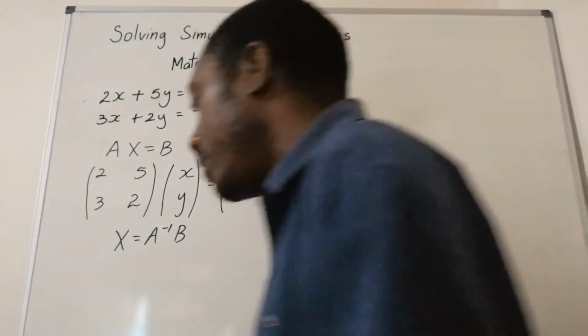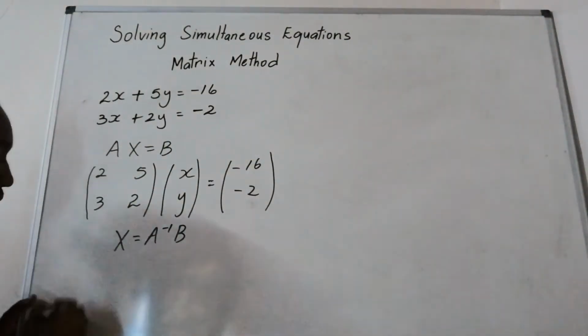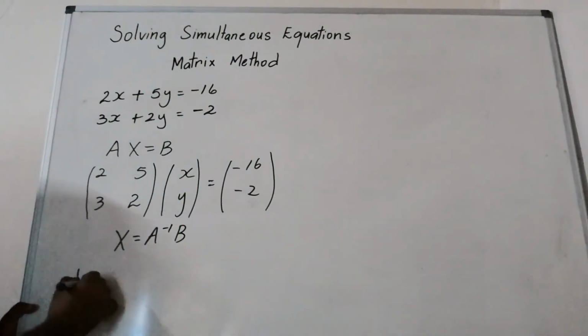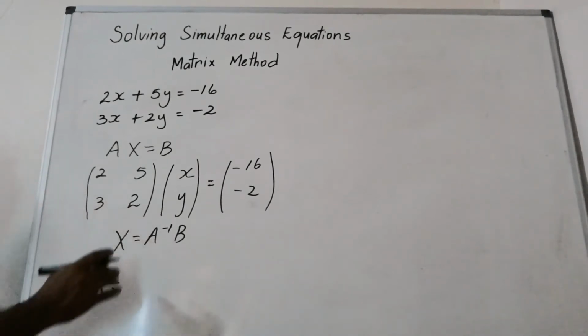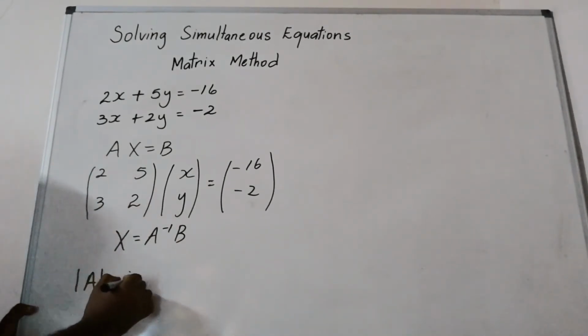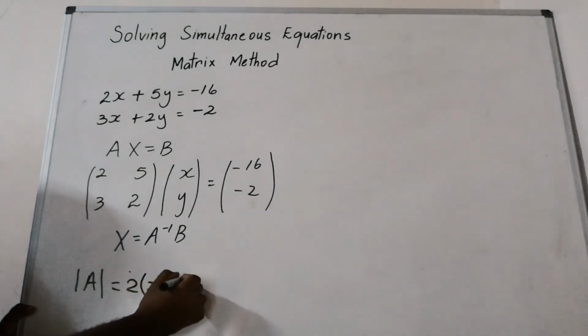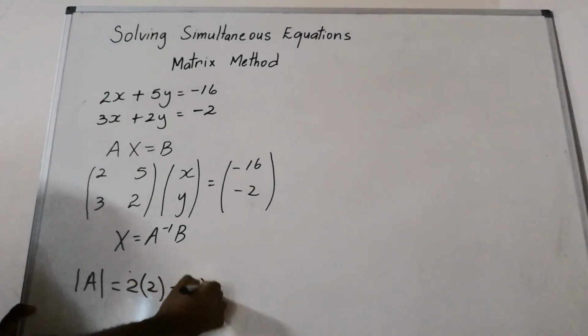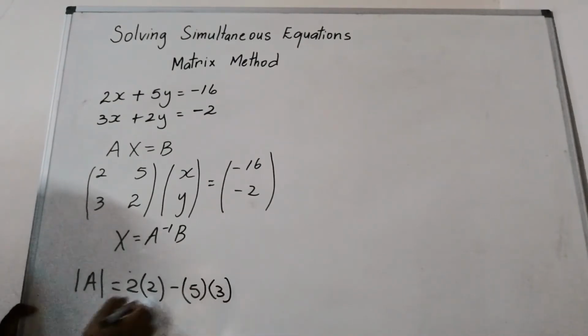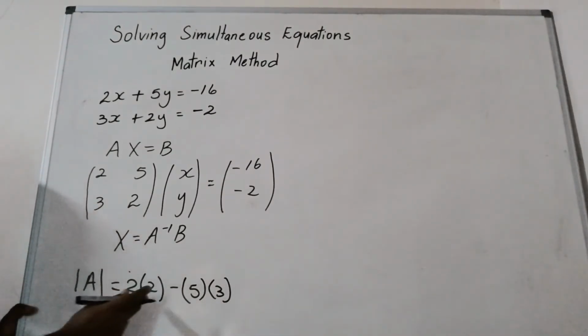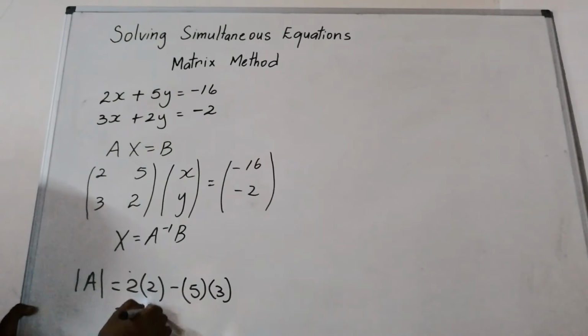So, reminding ourselves that the determinant of A is equal to our leading diagonal, which is 2 times 2, minus our other diagonal, which is 5 times 3. So that will give us 2 2s 4, 5 3s 15.